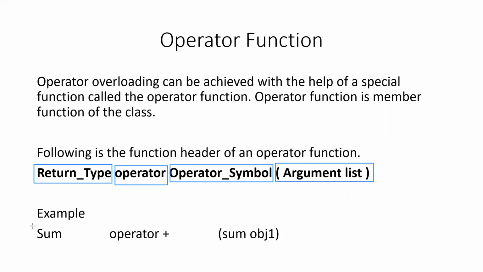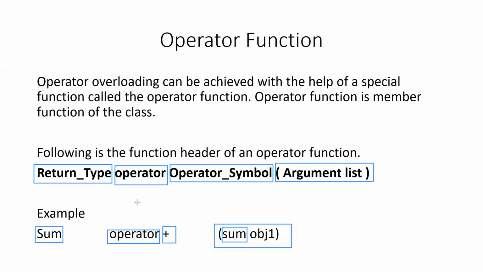Given below is an example of overloading the plus operator. Here you can see the return type is sum. Sum must be some class, so the return type is the user defined class. Operator is the keyword. Which operator do we want to overload? We want to overload the plus operator. How many objects are we passing to the function? We are passing only one object to the function, and the data type is again sum, and sum must be the name of some class.